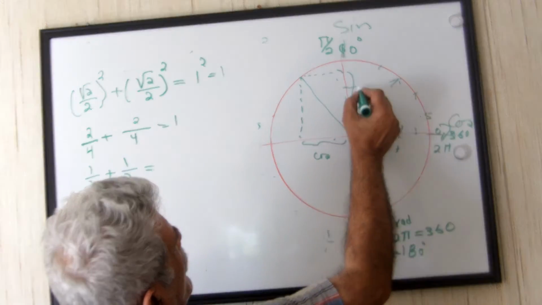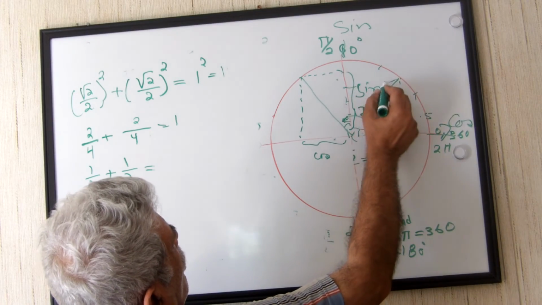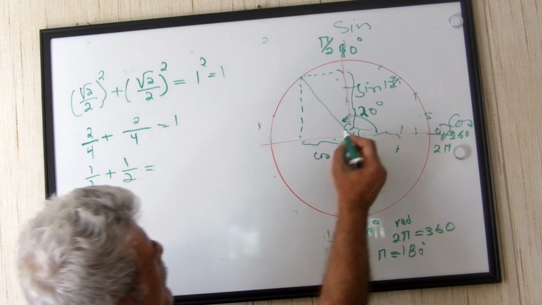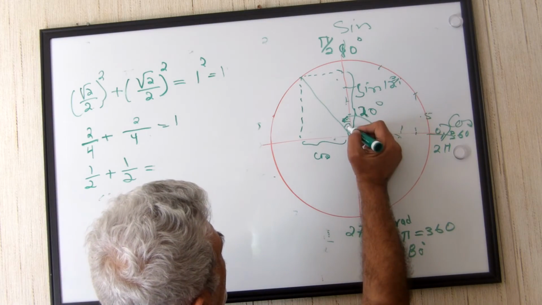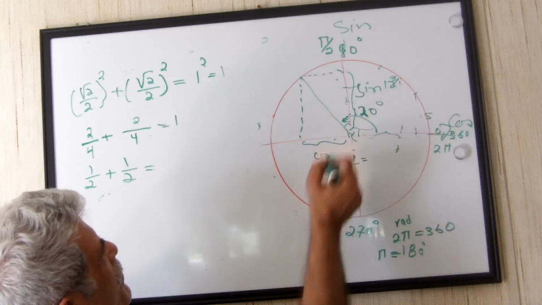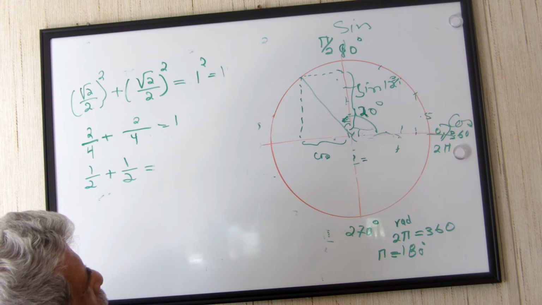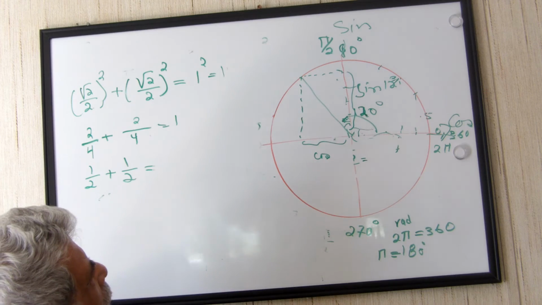From here to here is sine of 120. So it's easy to just do it graphically, because if you see the sine here, the cosine was the 1 times the sine of this one, how much it's going to be, the cosine of this one, how much it's going to be.